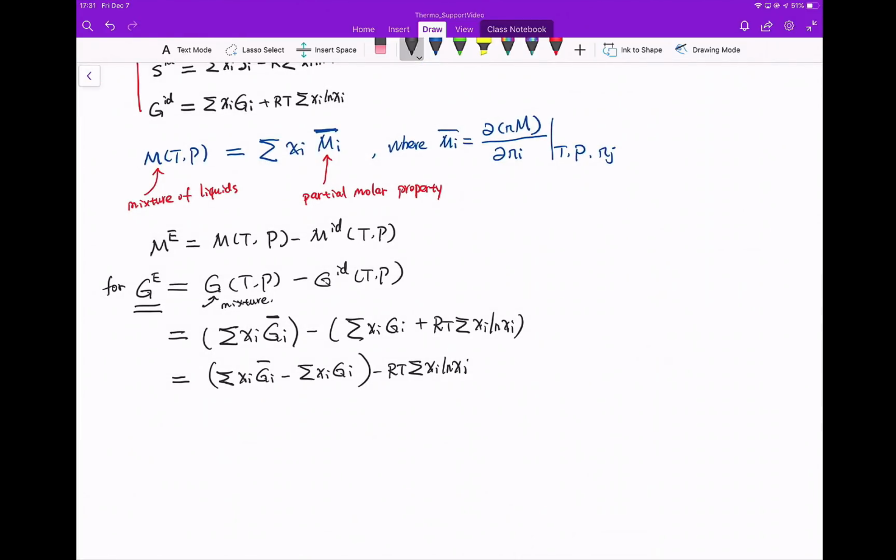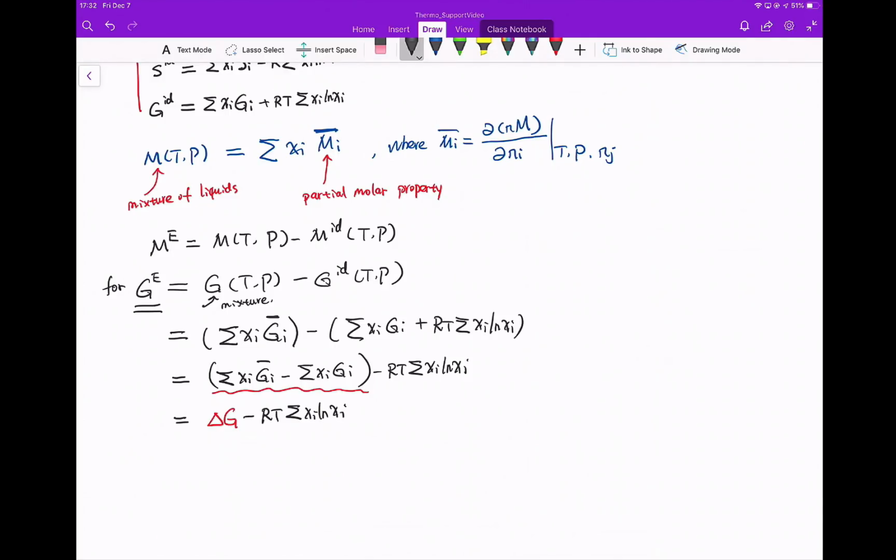I hope you realize this is delta G, the mixing property, and I still have this RT xi log xi.